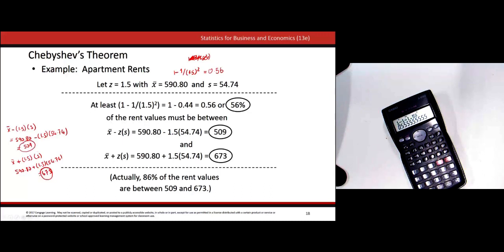So based on this theorem, at least 56% of the values must be between 509 and 673. And if you look at the data, actually 86% of the data values are between 509 and 673. So this provides a lower bound. It says it is 56%.